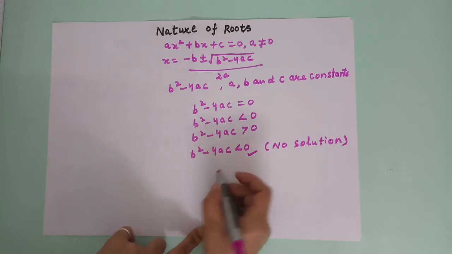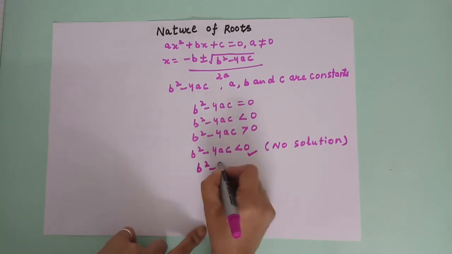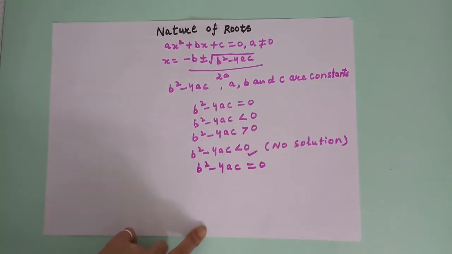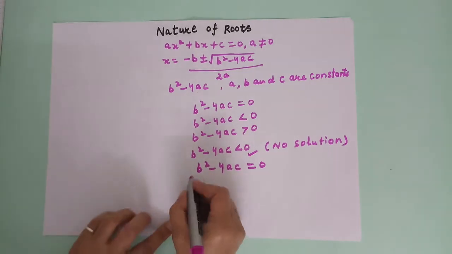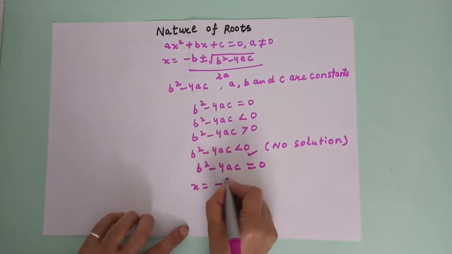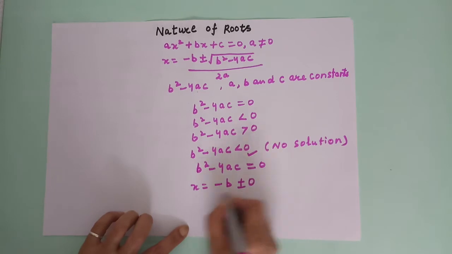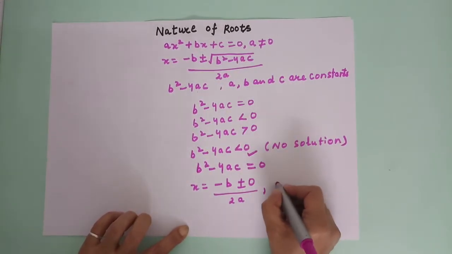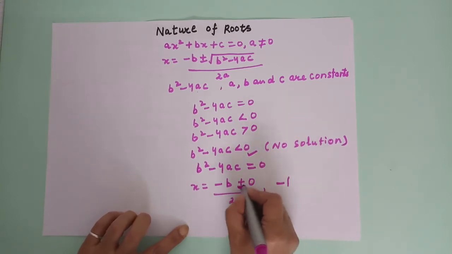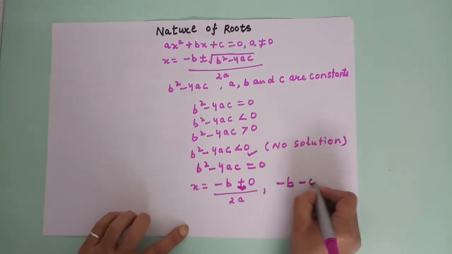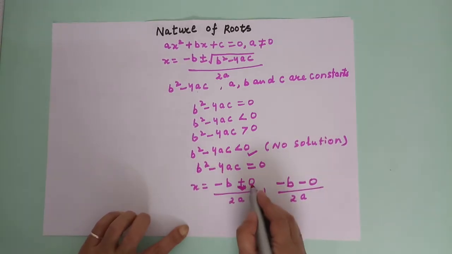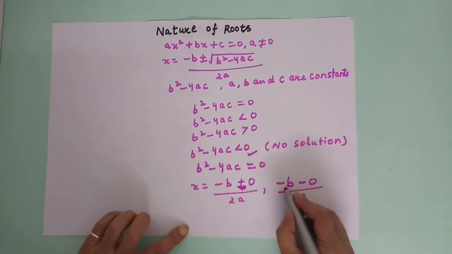Second case is that if b² - 4ac is equal to 0, what happens at that time? My roots will be (-b + 0) / 2a, because this part is going to be 0, and another will be (-b - 0) / 2a. -b + 0 is equal to -b/2a. -b - 0 is also equal to -b/2a.